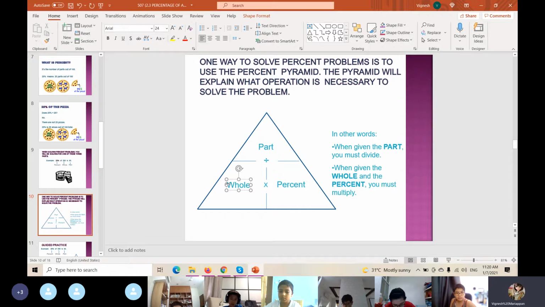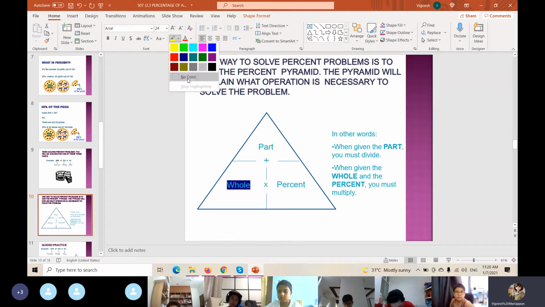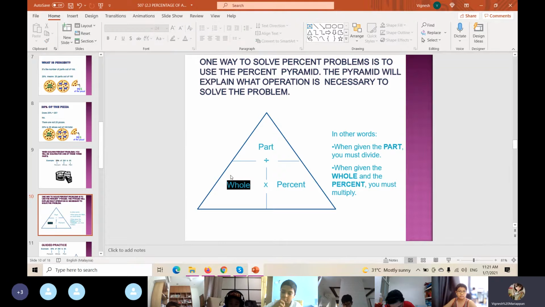Let's say the whole is not given. The question only gives the part and the percentage, correct? How to find the value of the whole? You have to divide the part by the percentage. Understand or not? You have to divide the part by the percentage.